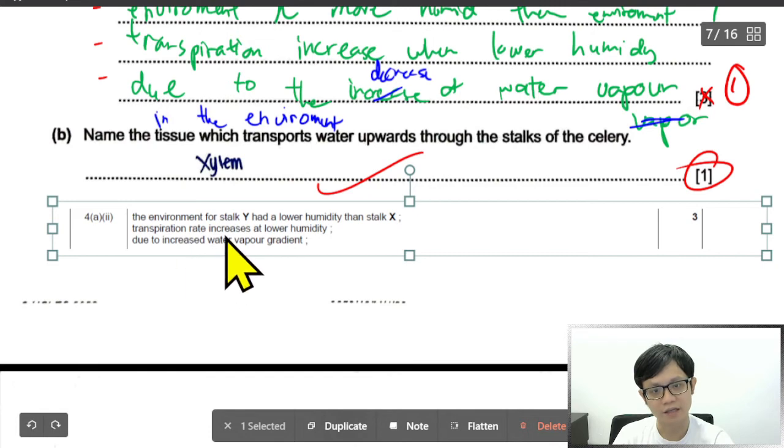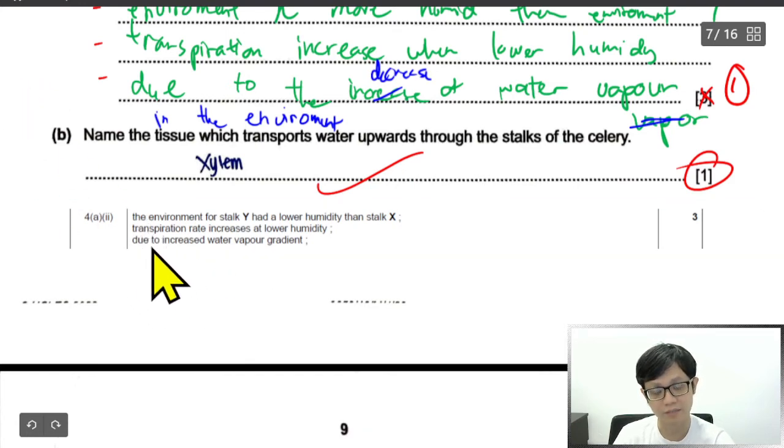Transpiration rate at lower humidity increase due to water vapor. So point number 3, I don't really understand what it means. I don't know whether this one is linked to point number 2. Sometimes it is separate, I think it's separate thing.